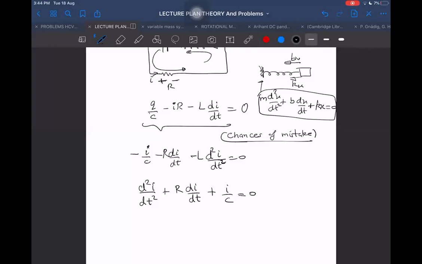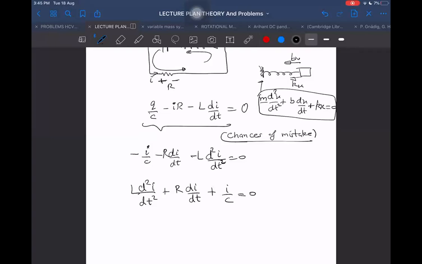So here you understand what is coming in place of what. In place of x we are getting I. In place of m, we are getting L. L is like inertia, a property of inertia, and mass is also a property of inertia.